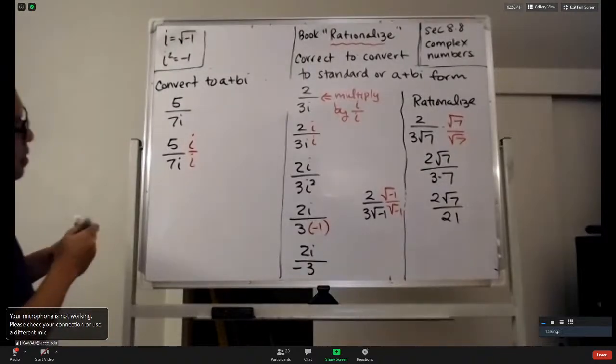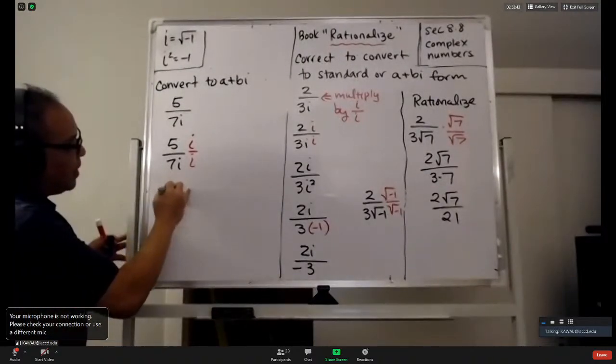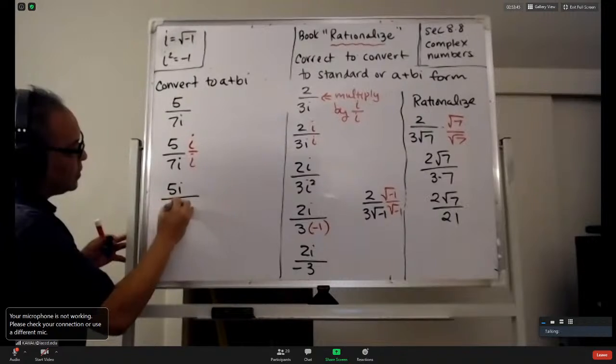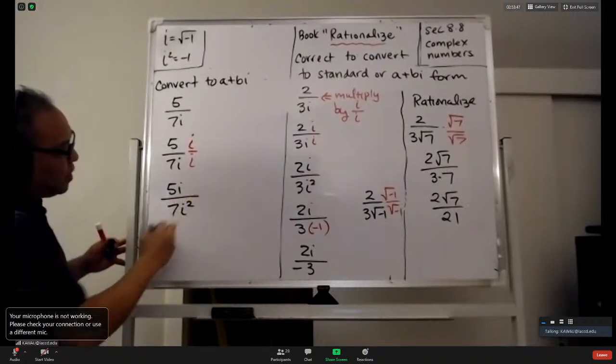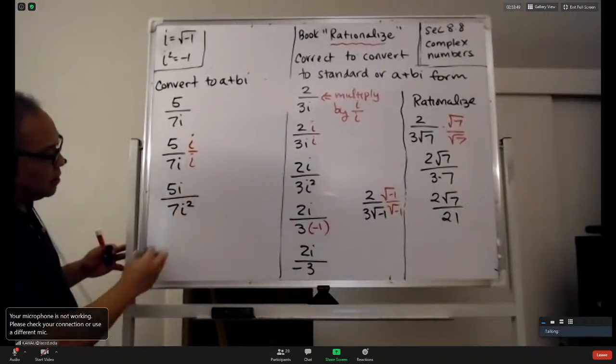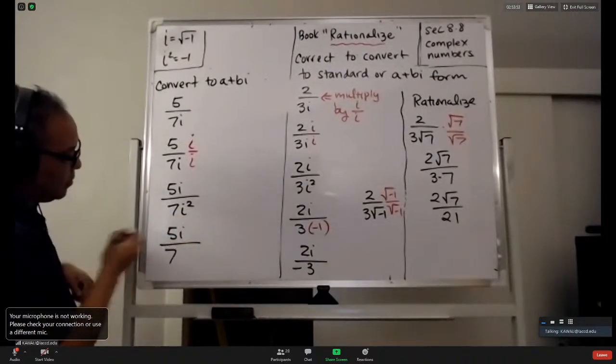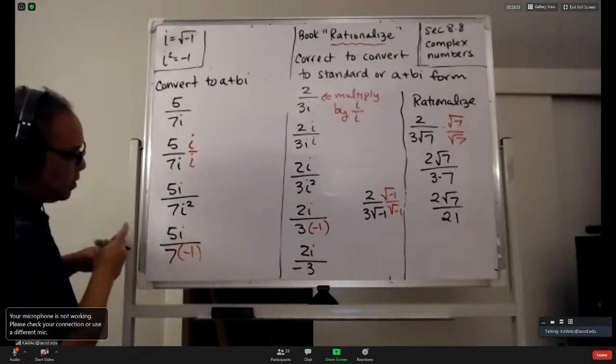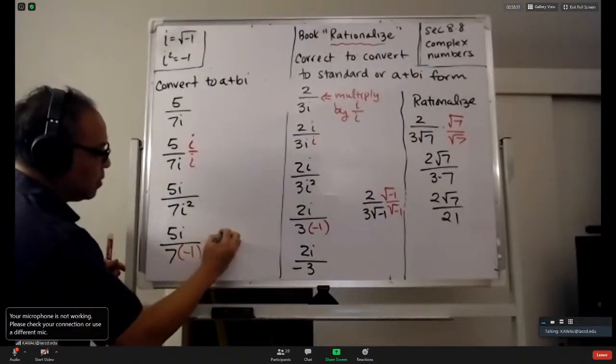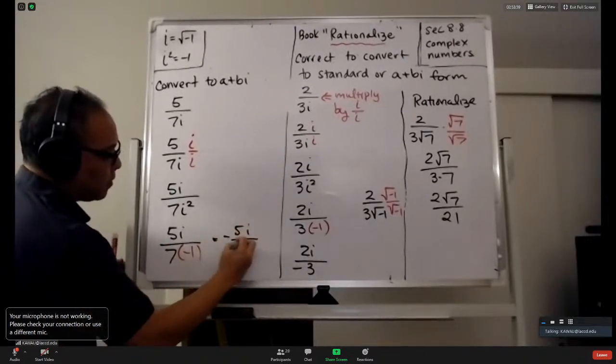Okay. So we have 5i over 7i squared. So you have 5i over 7 times -1, which turns into minus 5i over 7.